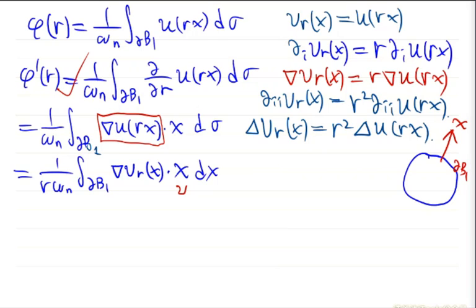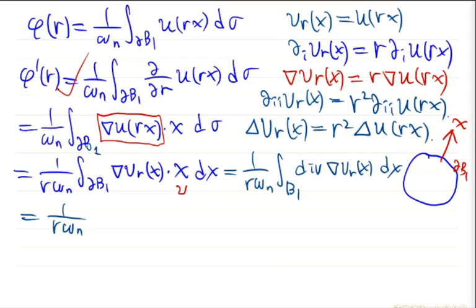So we can apply the divergence theorem to obtain 1 over r omega n, integral over the unit ball B1, the divergence of the gradient of Vr(x) dx. Taking the gradient and then the divergence gives us the Laplacian.